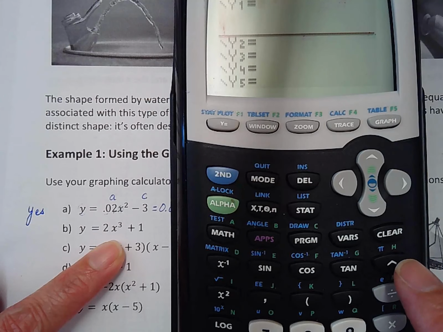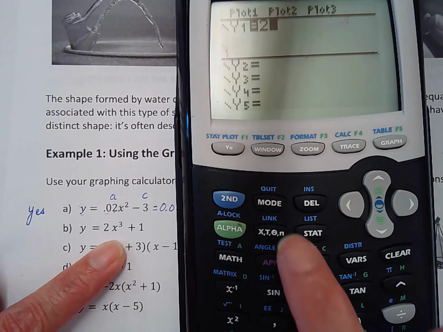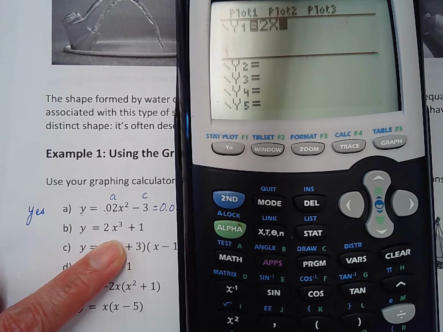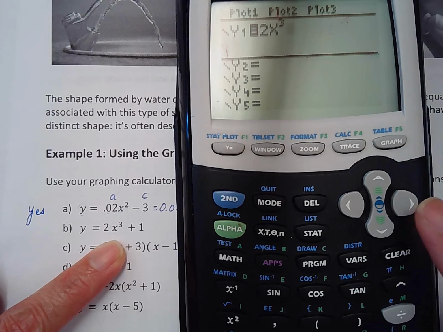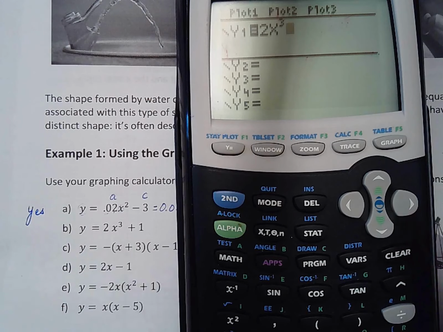So you could press second, this one. The exponent, the caret, 3. Okay. So 2x, this is the exponent button, 3. It gives you that little 3 up there.